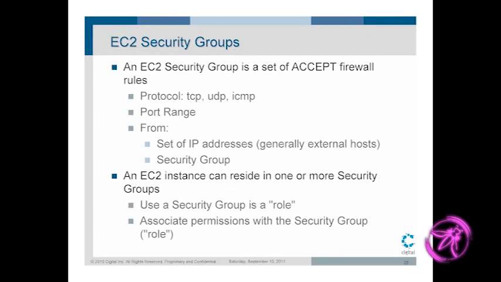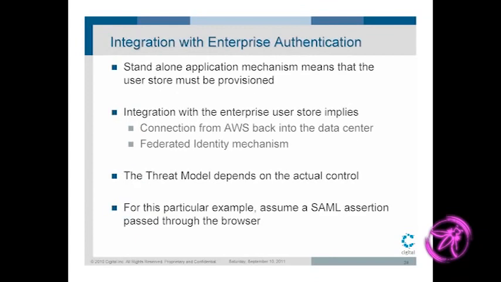So like firewall rules, management of them gets hard as your application grows. You've also got all of the old security group roles, all the experimental ones, in there. You have to make sure you get rid of those. Okay? So for management of security groups, you could probably use whatever tools you're using to manage firewall rules. Integration with enterprise auth.